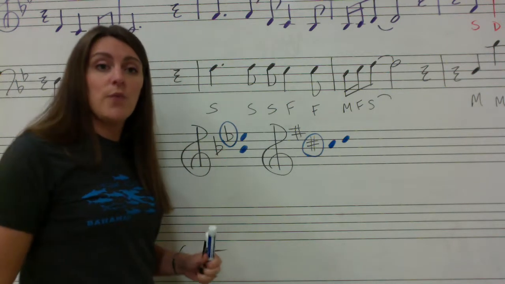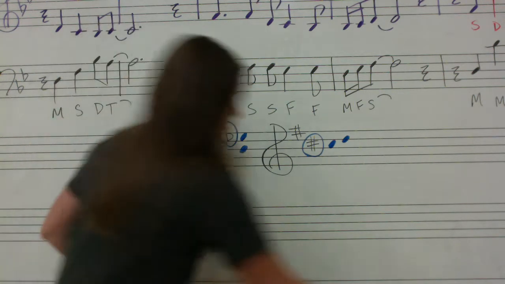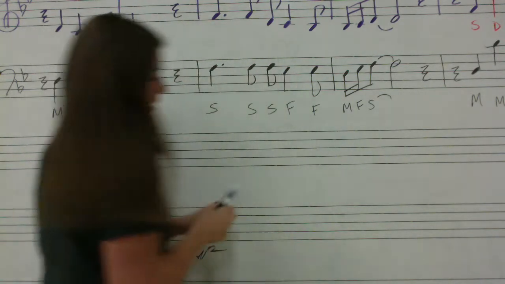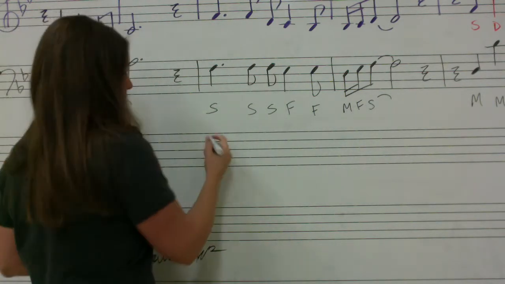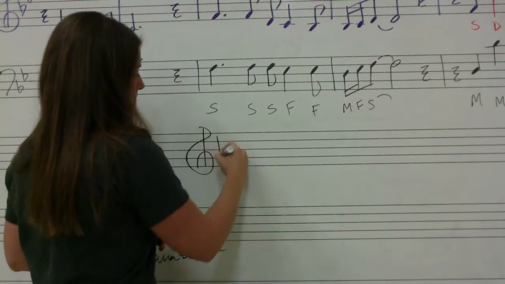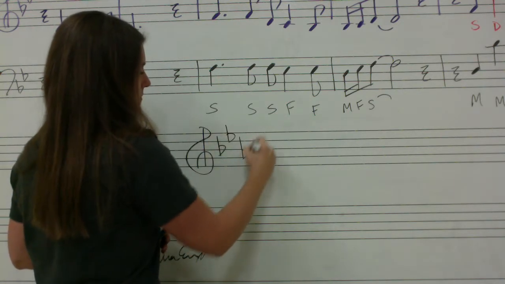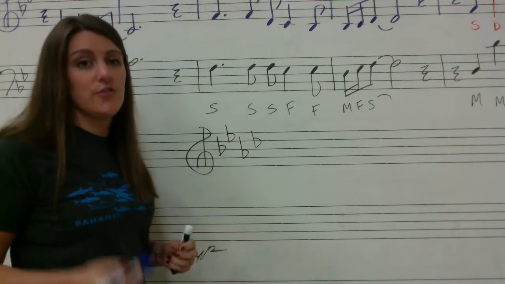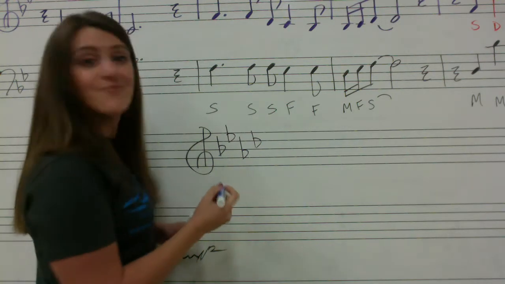Now, if you look at the worksheet that was passed out to you, you will see that your very, very first one looks like this, okay? So first what you have to do is circle the furthest flat. Super easy, okay? Do it with me.